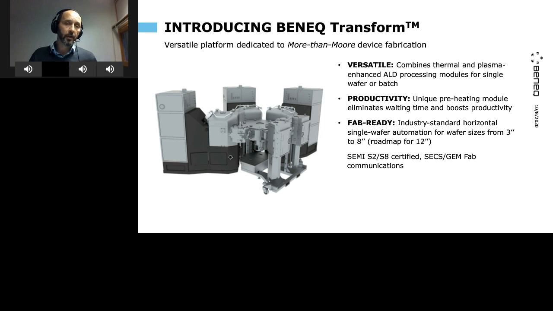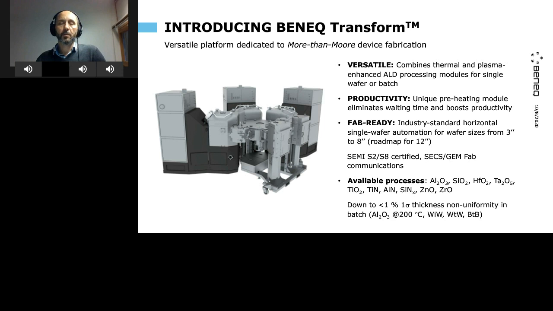It's a fully fab-ready tool, so it comes with automation, anything between 3 and 8 inch, and obviously a large share of the image sensors today is in 12 inch. We are delivering modules already, and a full solution handling everything is coming out in the latter part of next year. In terms of the processes, what you saw before is implemented on the tool: the common oxides, and some of the nitrides, even for TSV applications.